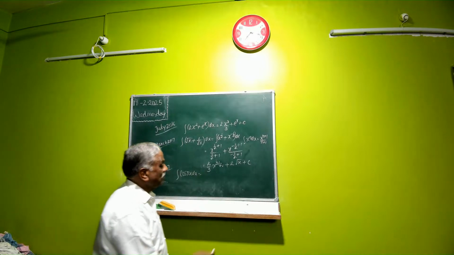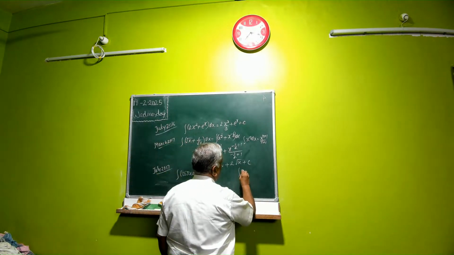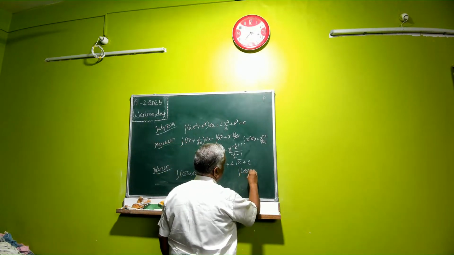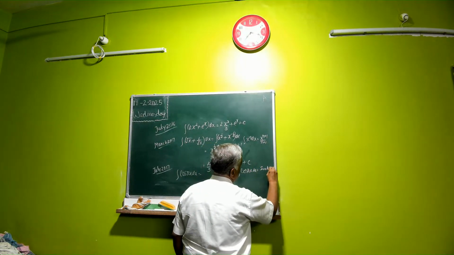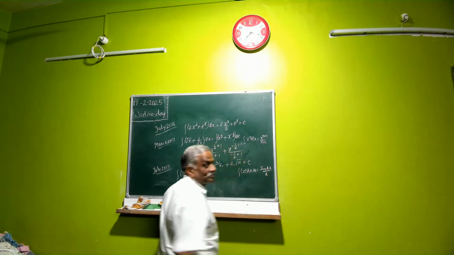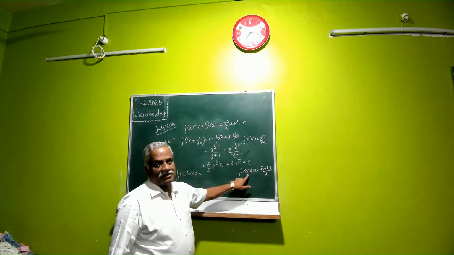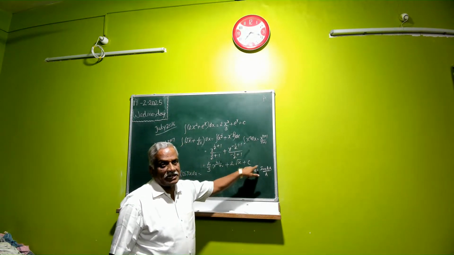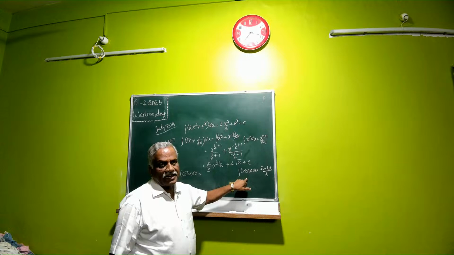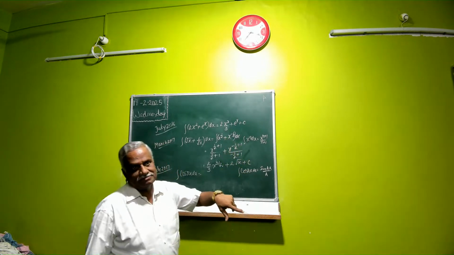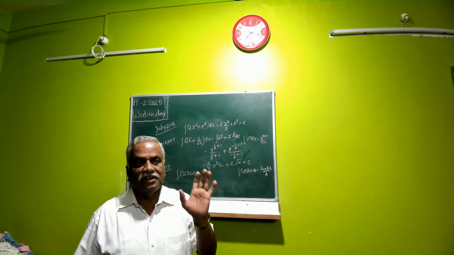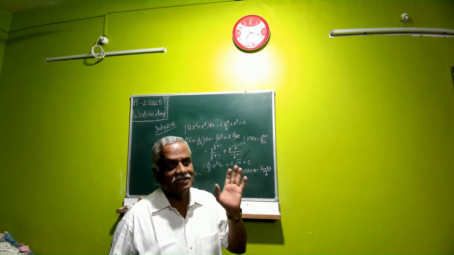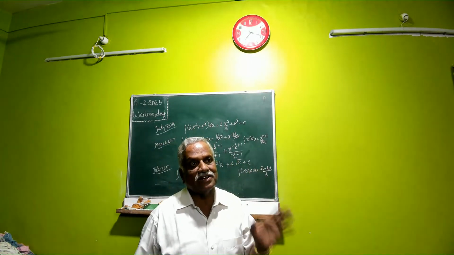If you look at the list of formulas I have given you, there is a formula: cos ax dx is sin ax by a. In differentiation, we differentiate ax and multiply by a. In integration, we differentiate ax and divide by a. That you should remember. In differentiation, cos 3x gives minus 3 sin 3x.